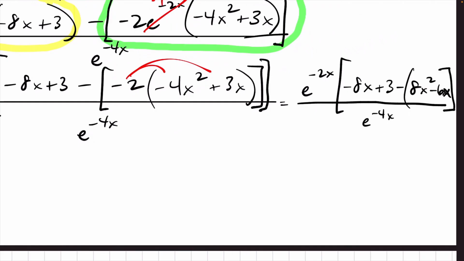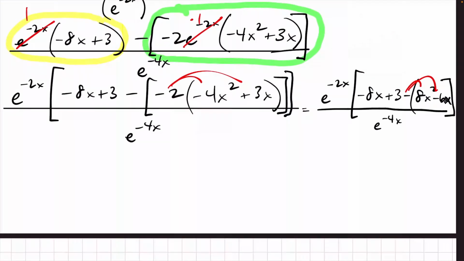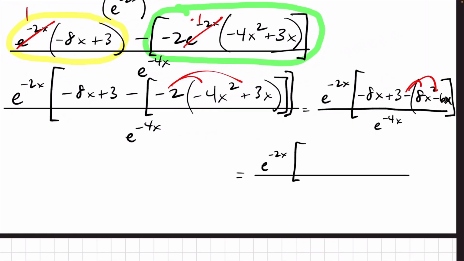So I need to distribute this negative now, or just subtract. You could just subtract as well. So you're going to have, inside the parentheses, -8x, you're going to have -8x squared. I'm going to have a positive 6x, which I'm going to combine with -8 to make -2x.